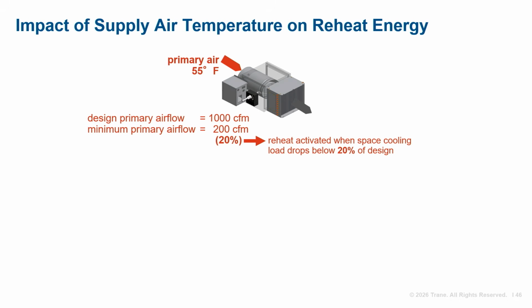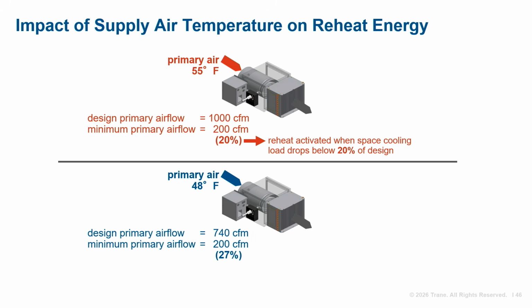Now let's look at the same zone, but for a cold air, 48-degree system. Design primary airflow is reduced to 740 CFM. The minimum primary airflow setting in terms of CFM is unchanged. It is still 200 CFM. This is because the minimum setting ensures proper ventilation and proper operation of the supply diffusers.